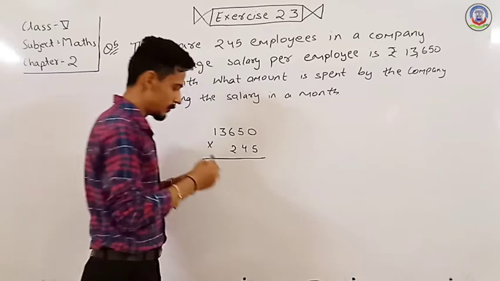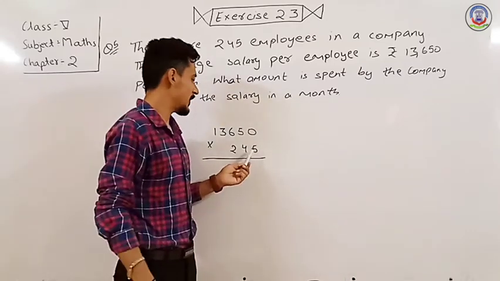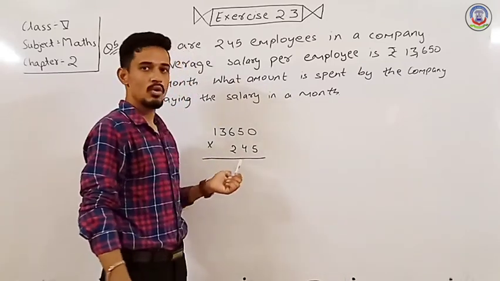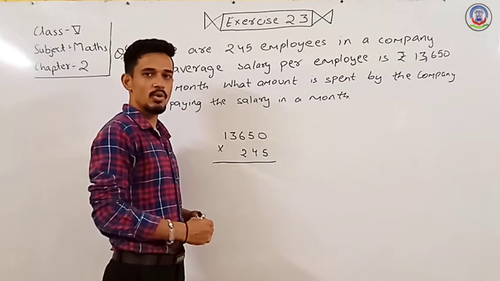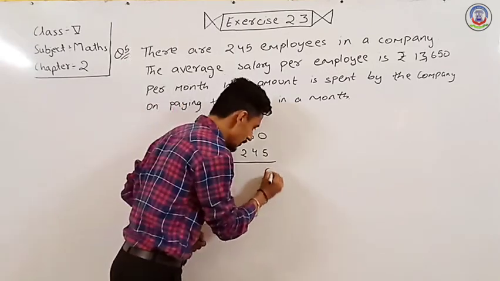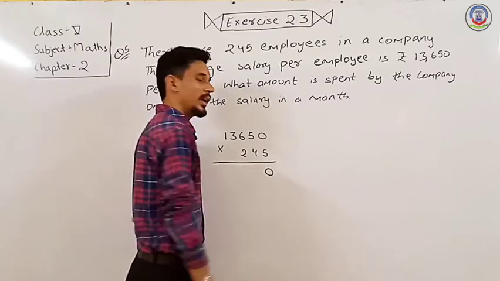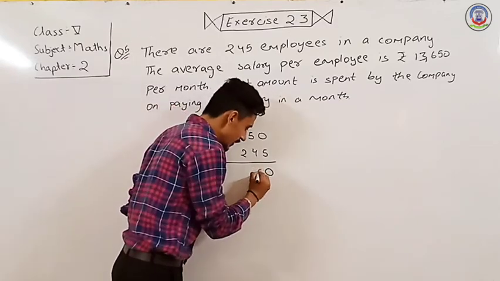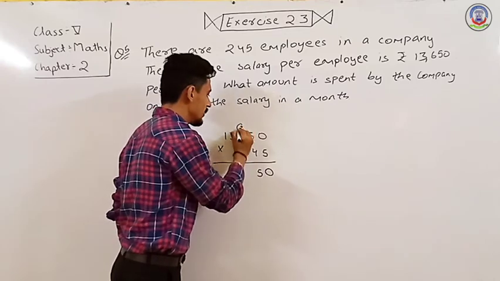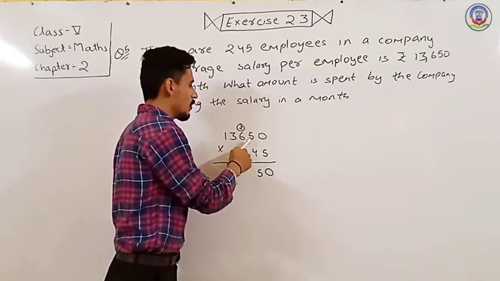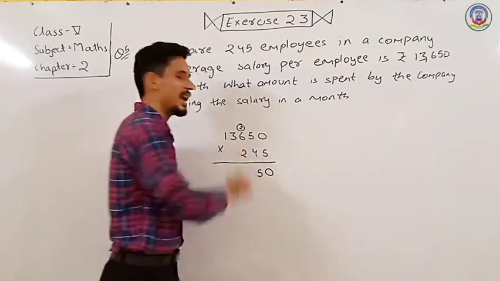As we know, we have to start from rightmost, and rightmost we have 5. So 5 multiply 0 is 0. 5 multiply 5, it is 25. So we write 5 here and 2 goes to carry. Next we have 5 multiply 6.